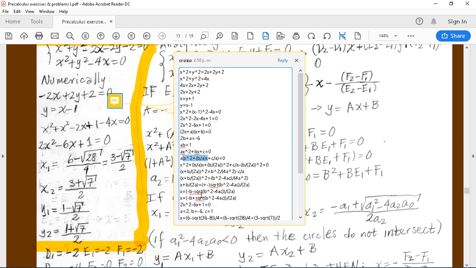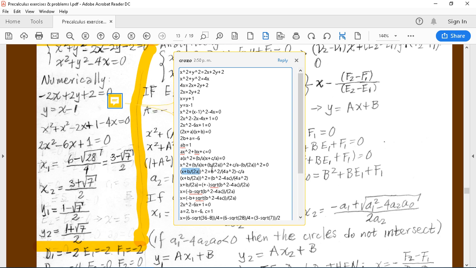So we can pass this expression to the other side of the equal sign and have b squared over 4a squared minus c over a. And here we have (x plus b over 2a) within parentheses squared.